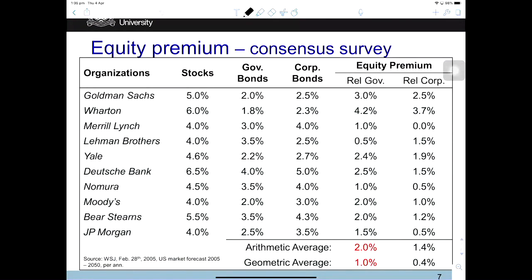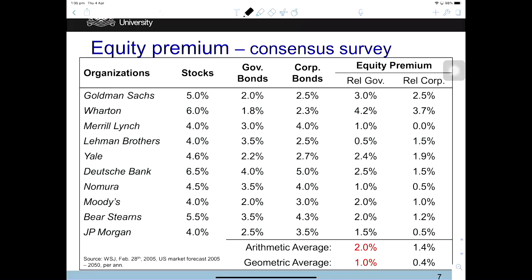That's the survey. This is an old survey, but it's probably the longest-term estimate I can find. It was actually released in 2005. It covers almost 50 years of estimation period, a very long-term view of these institutions' average equity risk premium.